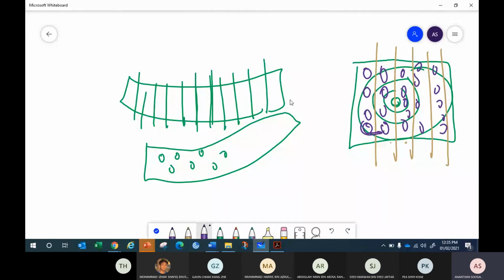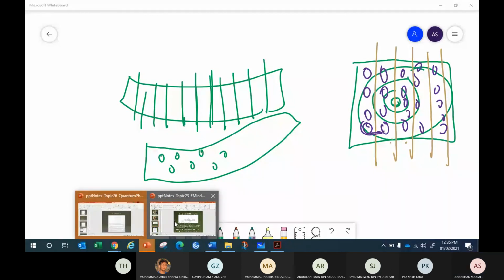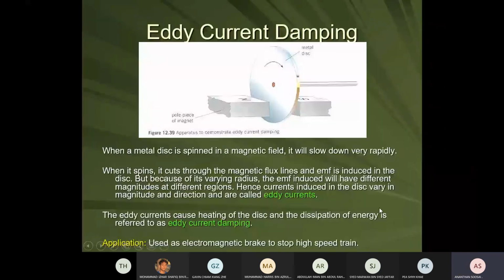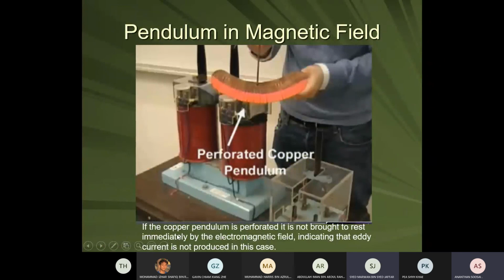In this diagram, if the copper pendulum is perforated, it is not brought to rest immediately by the electromagnetic field, indicating that the eddy current is minimized. A very limited eddy current is produced, so the braking effect is not that significant.